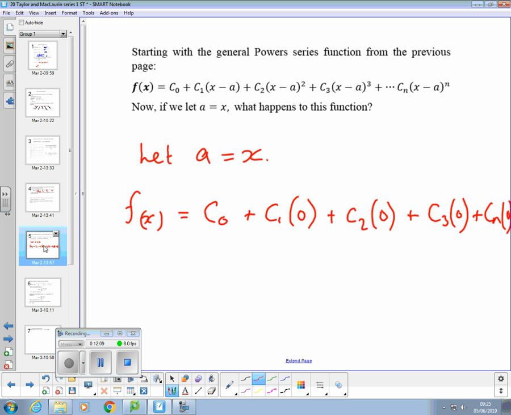If I let x equal a, can you see that all the terms except C0 are equal to 0? They disappear. Yeah?